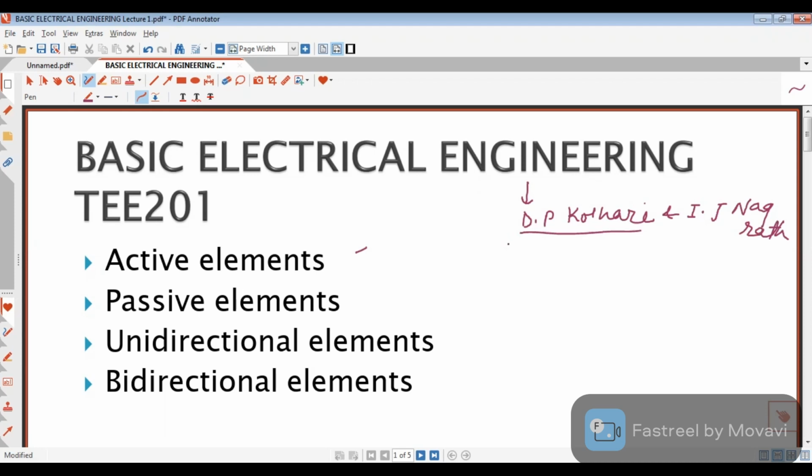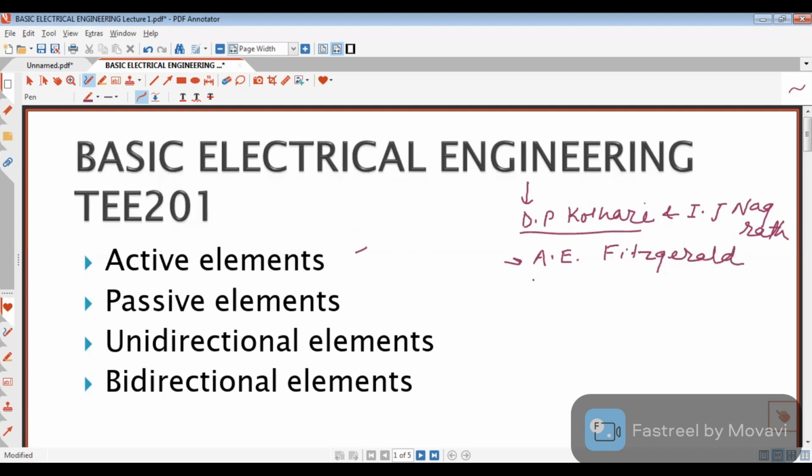Another book that I will follow, with the same title, Basic Electrical Engineering, is by A.E. Fitzgerald. These two books I will follow.